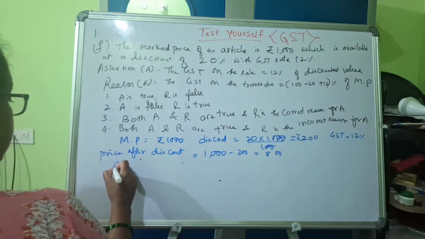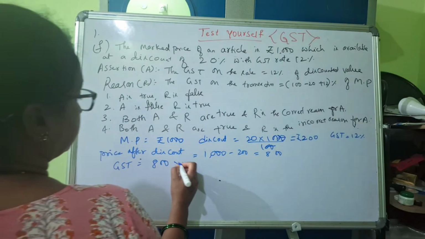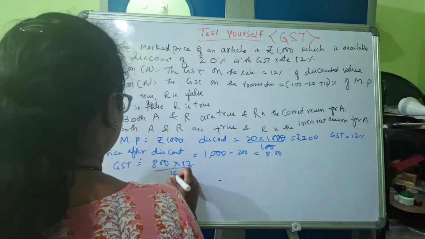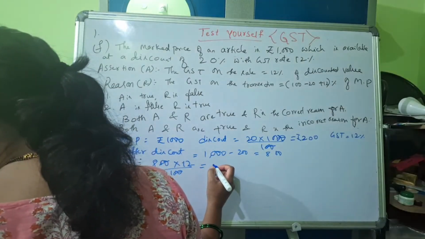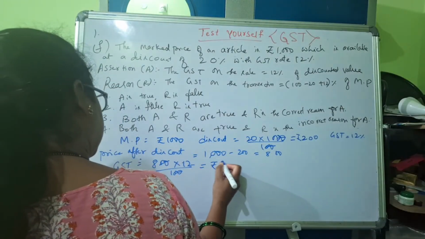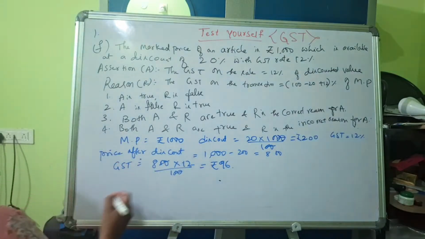So GST is equal to 12% of 800, that is 12 8s are 96. 96 is the GST amount.